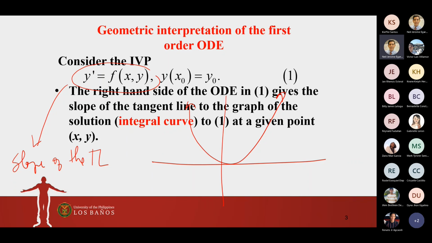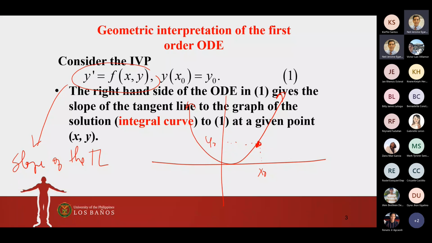So remember, yung derivative, kung meron kang curve, nagsimula ka sa curve, let's say this parabola, yung derivative is simply the slope of the tangent line passing through a particular point on the curve. So say this is the curve, then this is the point of interest, ito yung x sub 0, ito yung y sub 0.